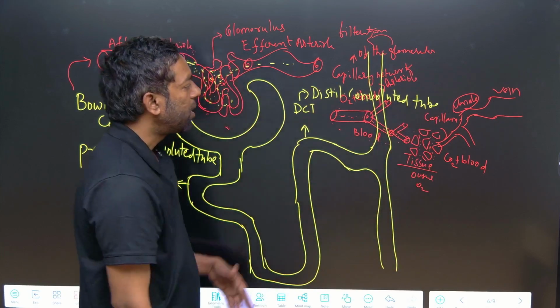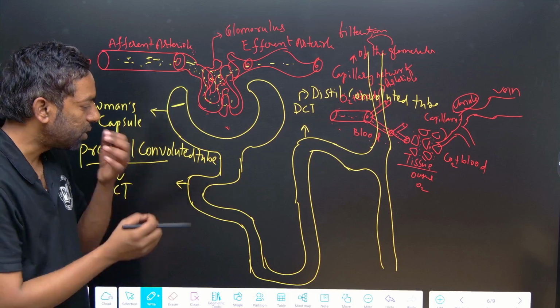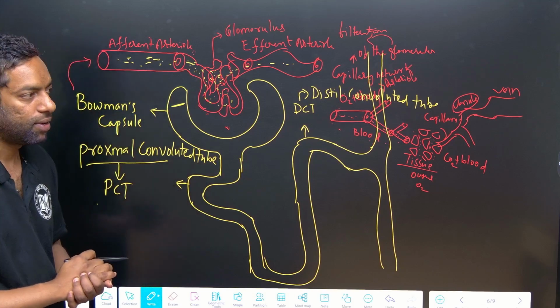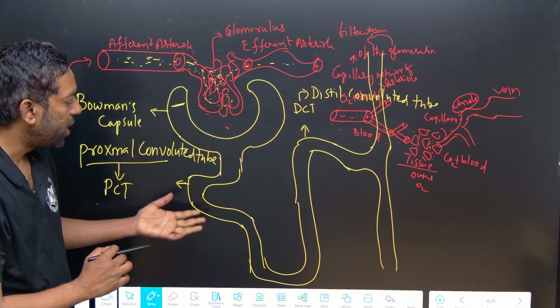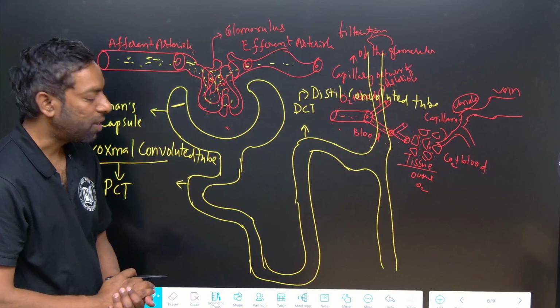Distal, convoluted, meaning a coil, there is some structure which extends. Up to here clear? Distal convoluted tube and proximal convoluted tube.